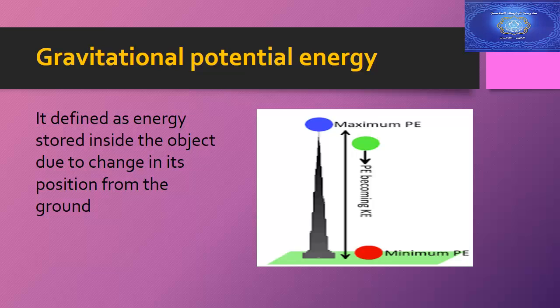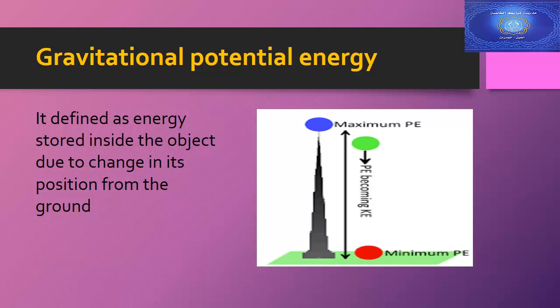Gravitational potential energy is defined as the energy that's stored inside the object due to a change in its position from the ground. So this type results from a change in position. As we see in this figure, the blue pole has potential energy because of the Earth's gravitational pull or its position above the ground.